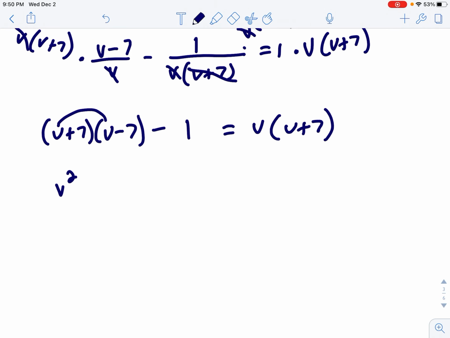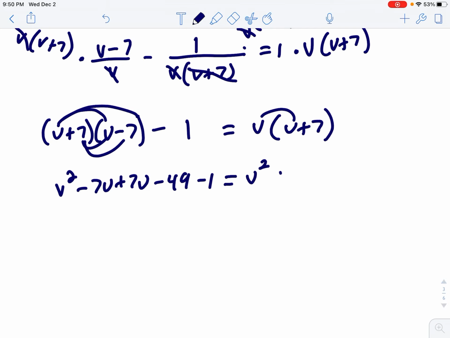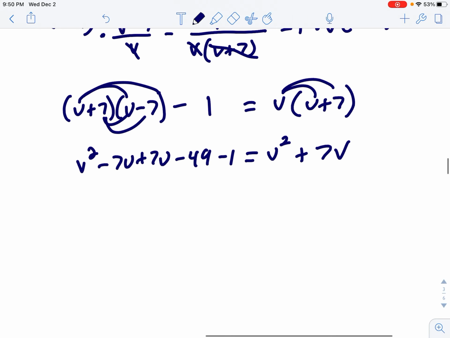That's V squared minus 7V plus 7V minus 49 minus 1. Here's V squared plus 7V. If I simplify the left-hand side, minus 7V plus 7V cancels out. Minus 49 minus 1 is minus 50.